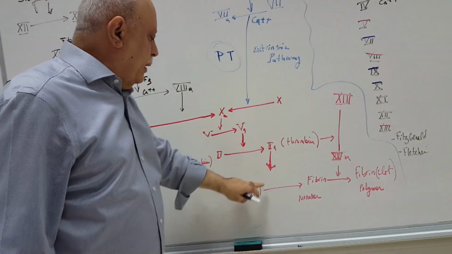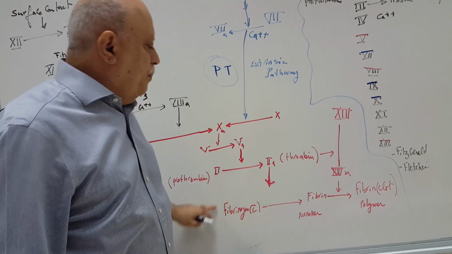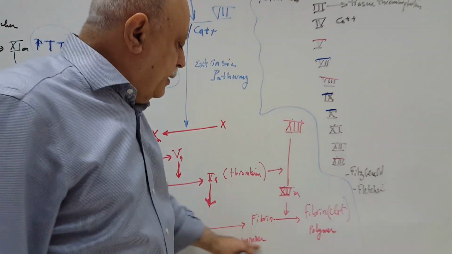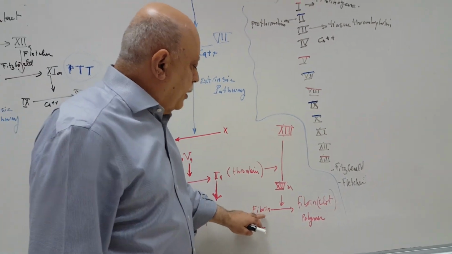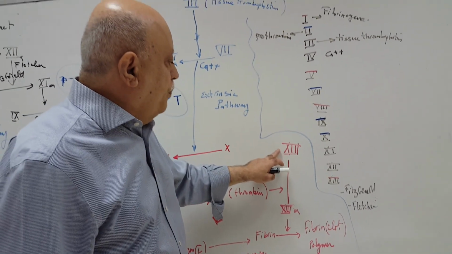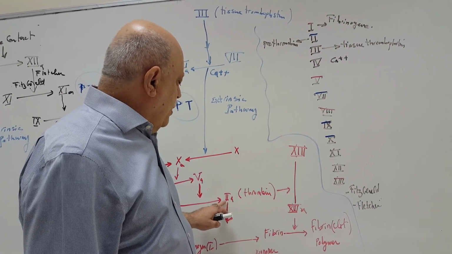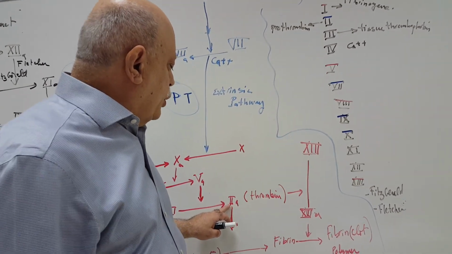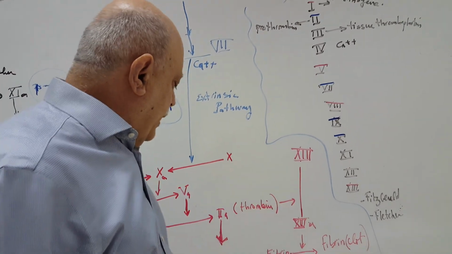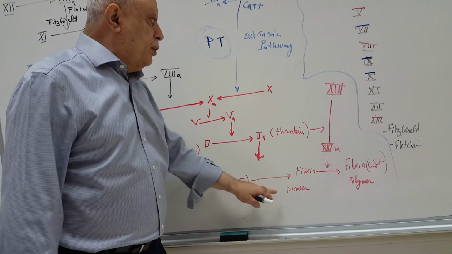Factor 2 activation turns fibrinogen into fibrin monomer. It is still not a clot. What turns it into a clot, into fibrin polymer, is factor 13. So activated factor 2, which is thrombin, activates factor 13 and turns fibrinogen into fibrin.